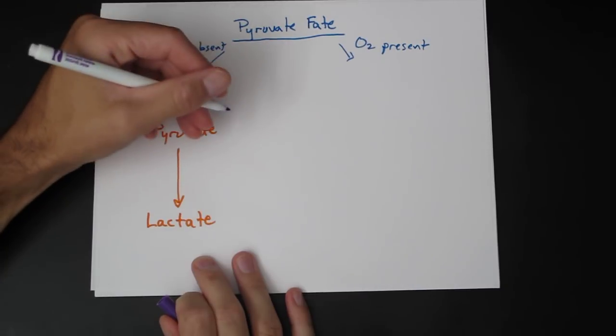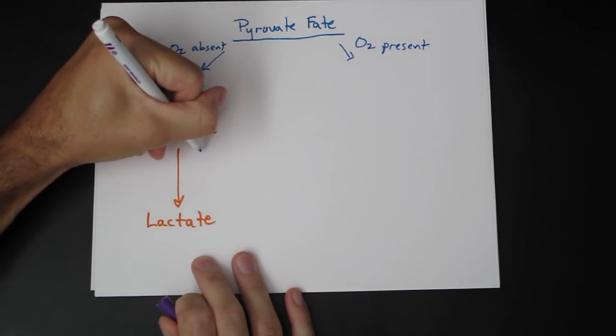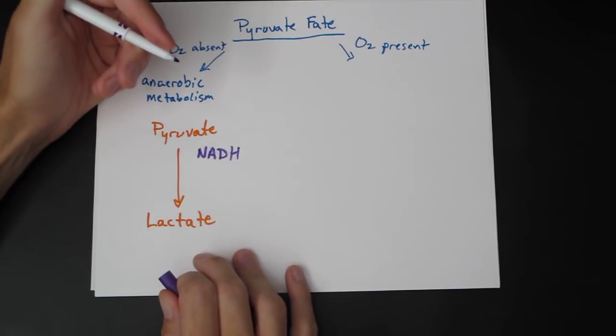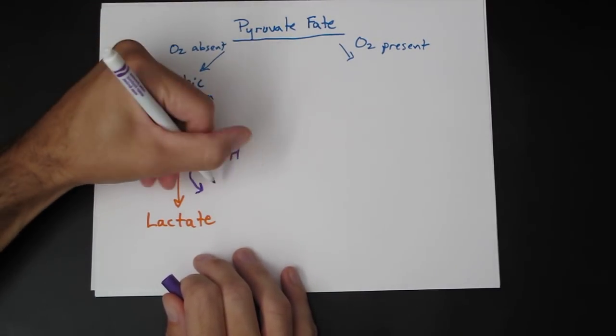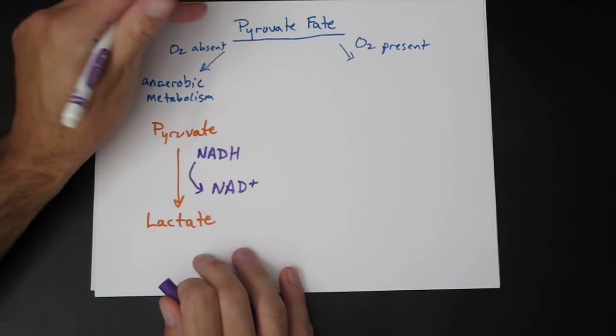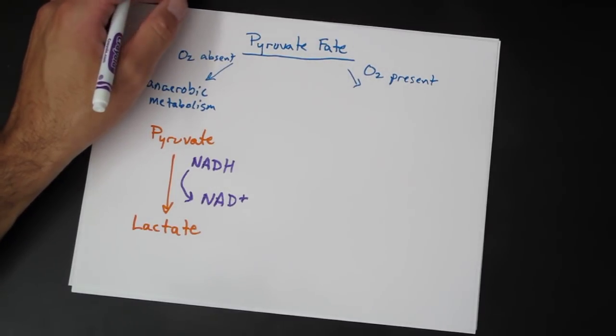The biggest thing that's happening during this process is that we see another redox reaction occurring. We see NADH, and these are those NADHs that we made when we made the pyruvate, getting converted back into NAD+.